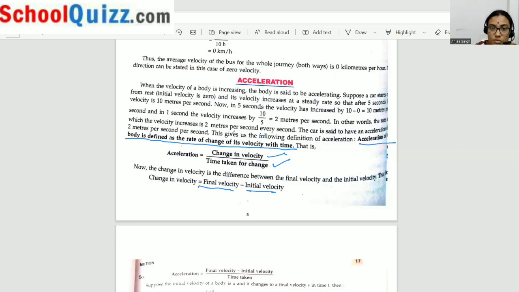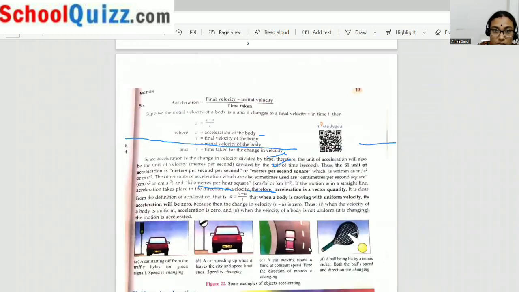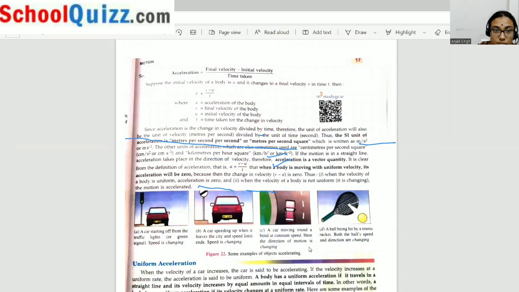Clear? So here you can see, final velocity minus initial velocity upon time taken.